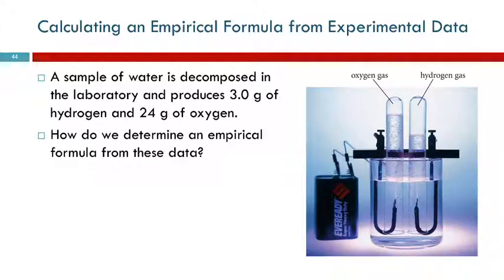Because it's going to involve Avogadro's number. Or instead of calculating the number of atoms, we could calculate how many moles of atoms, and then we're going to have more reasonable numbers. So the approach here is we're going to take the mass of the element and figure out how many moles of that element. And we're going to do that with the other one too. Find the moles of oxygen, and then we're going to find the ratio of the moles, and that's going to give us the subscripts for the formula.